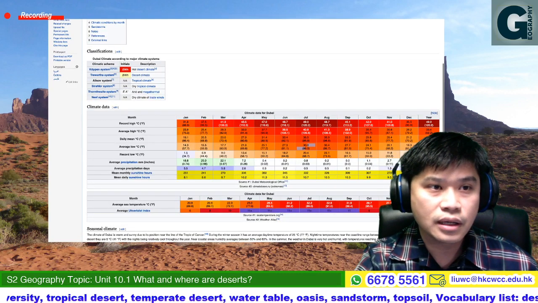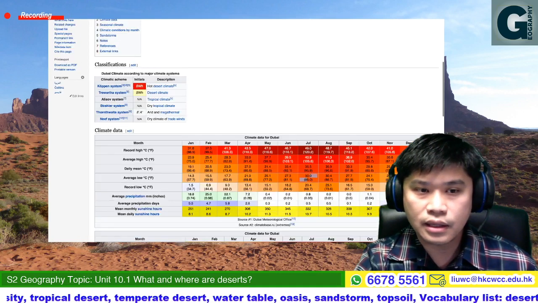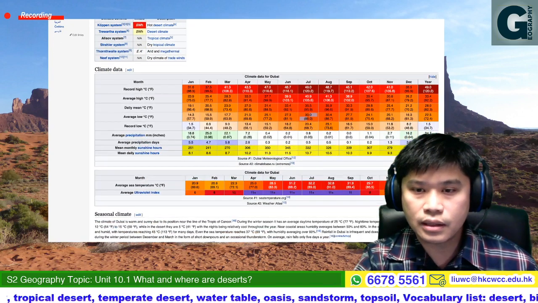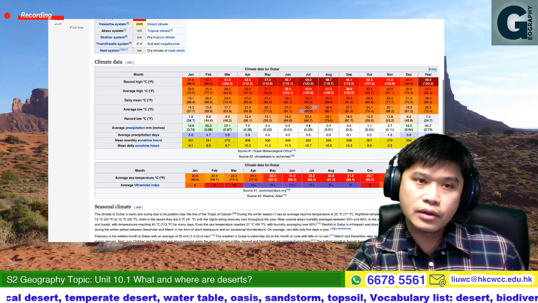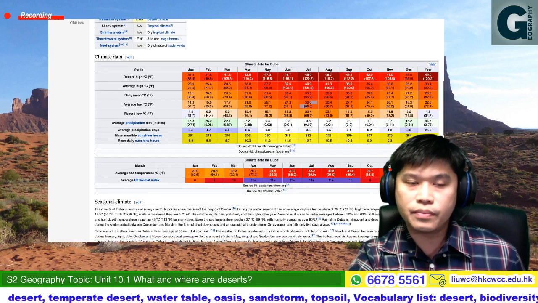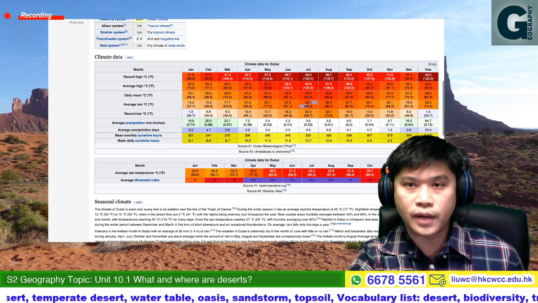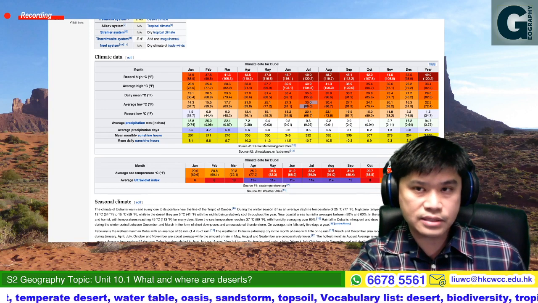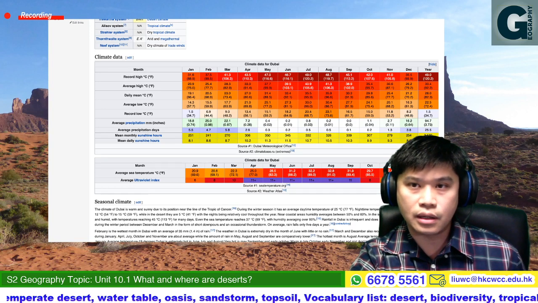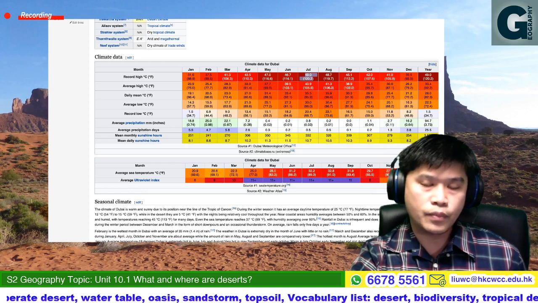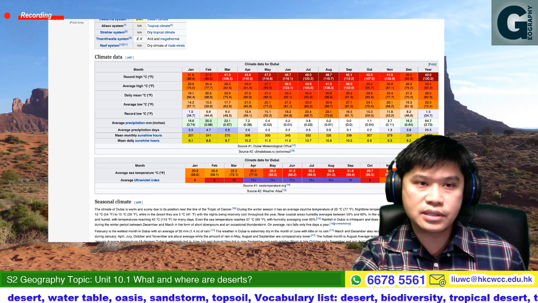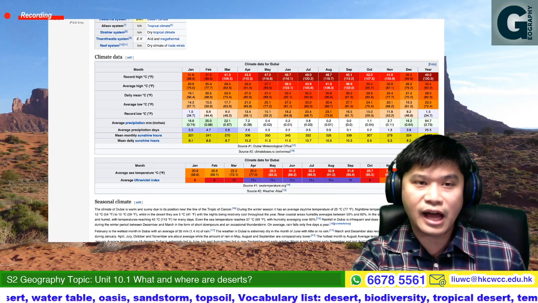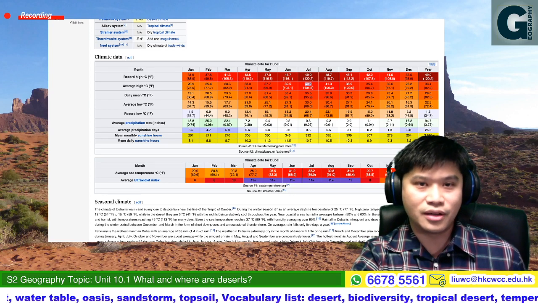Here would be the temperature in different months in Dubai. Let's have a look at July 1st. That would be the summer in the northern hemisphere. So you can see the average high temperature in Dubai.